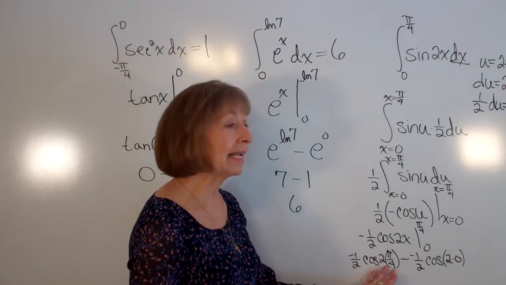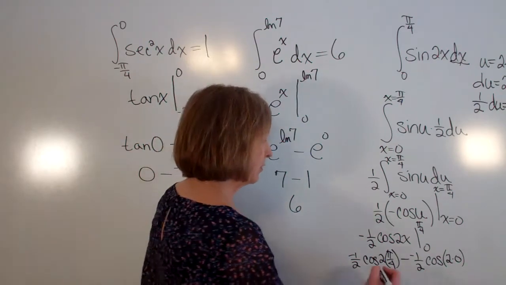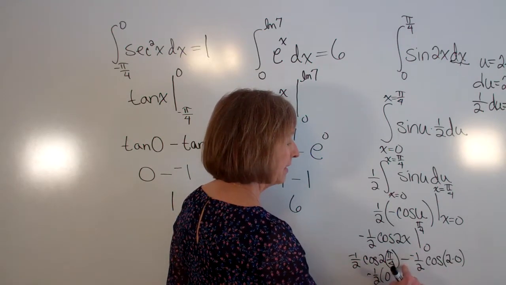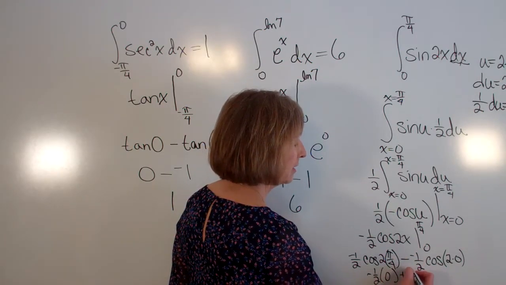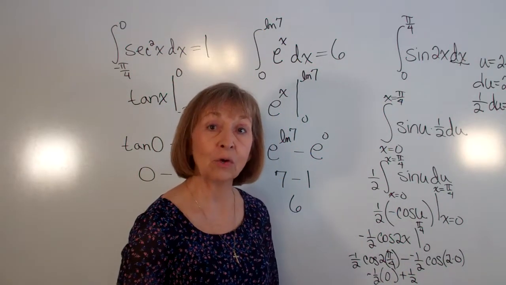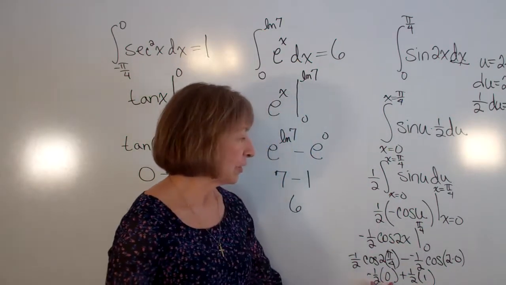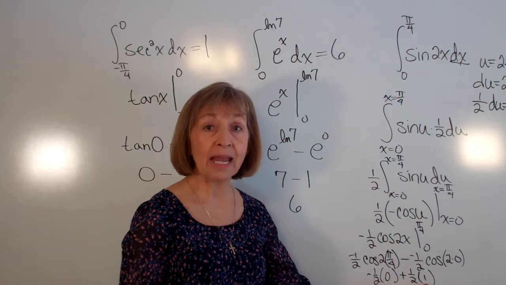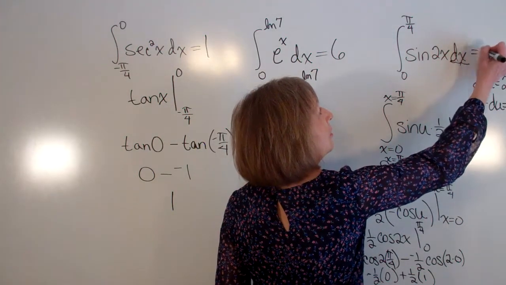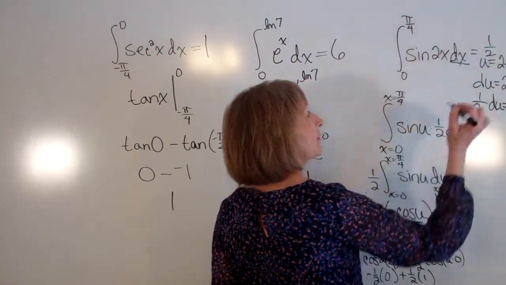The cosine of pi over 2 is 0. So I have negative 1/2 times 0, and this is minus a negative, so plus 1/2 times, well, 2 times 0 is 0, and the cosine of 0 is 1. So this gives me 0 plus 1/2, or 1/2. So my original definite integral is equal to 1/2.